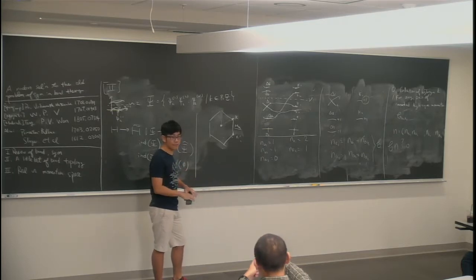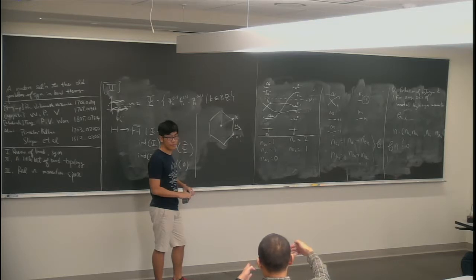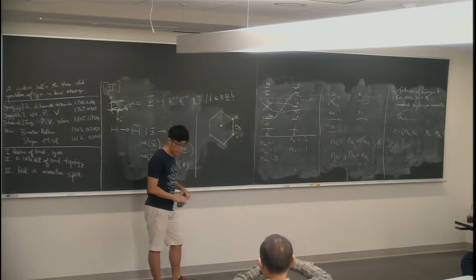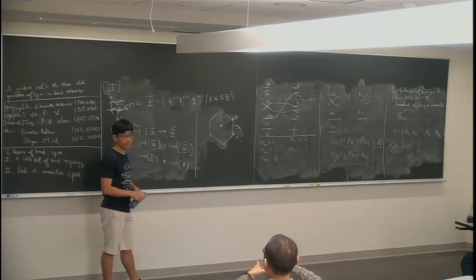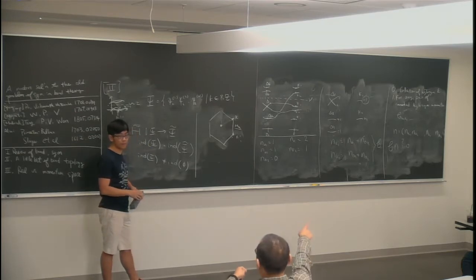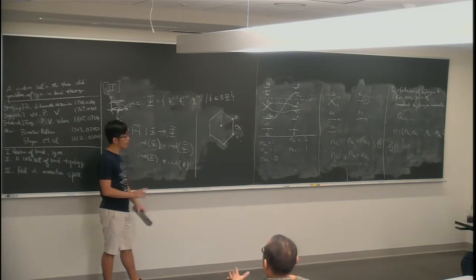Maybe the question is, suppose you have some irreps along high symmetry points and high symmetry lines in this high symmetry plane, and suppose they are compatible in this way. Are you sure that there's no further obstruction in the plane? No, that we are not sure.